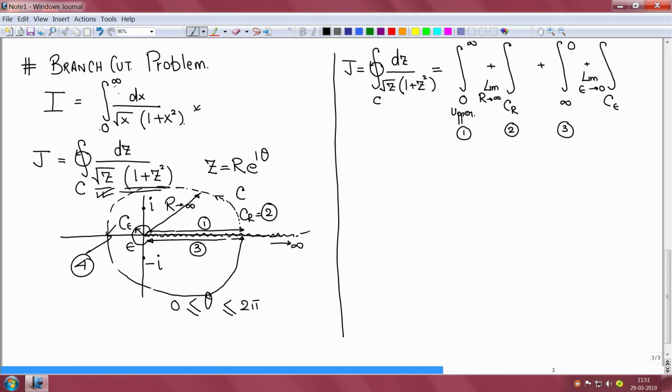Now there are 2 isolated poles inside the contour, plus and minus i. So I will get residues from both, 2 pi i times the residues at i and minus i.